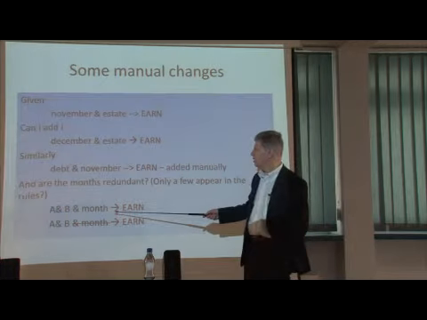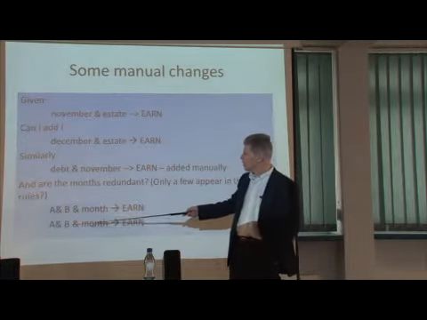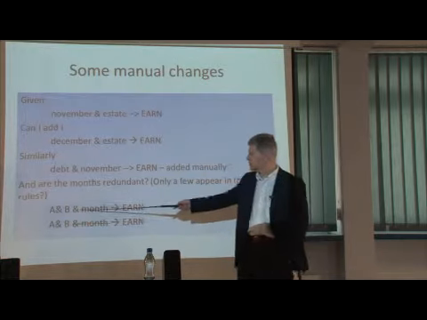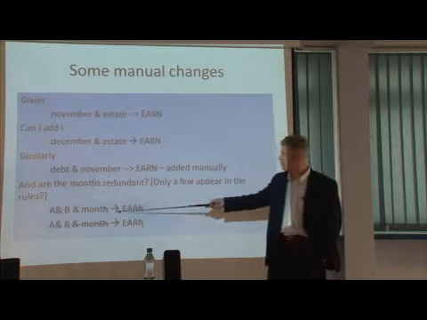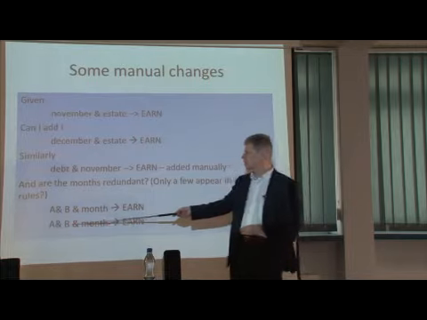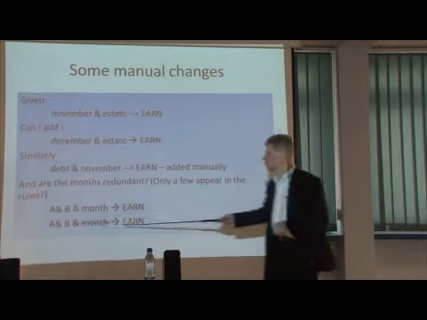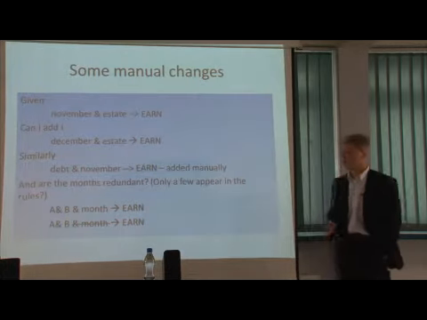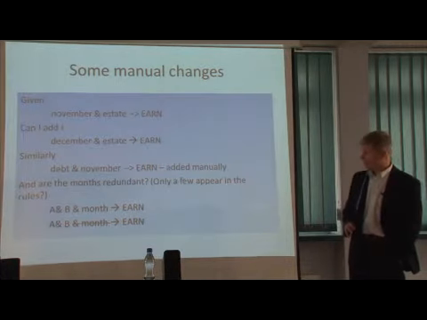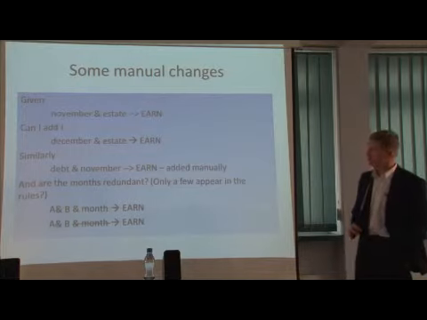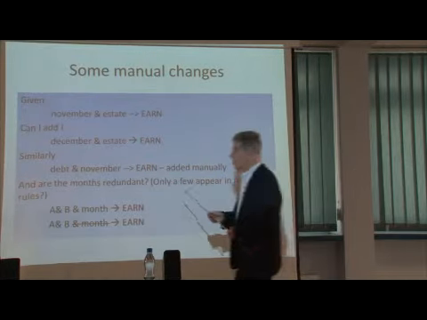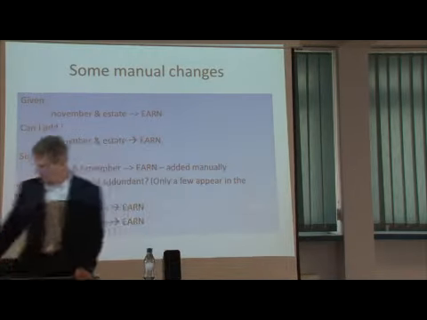So I thought, well, what's wrong with April? Since there are quite a few examples of that form, for some of them I deleted the months, so made the rule more general. Just having the words should predict the category earn. It all made sense to me when I was doing the editing.